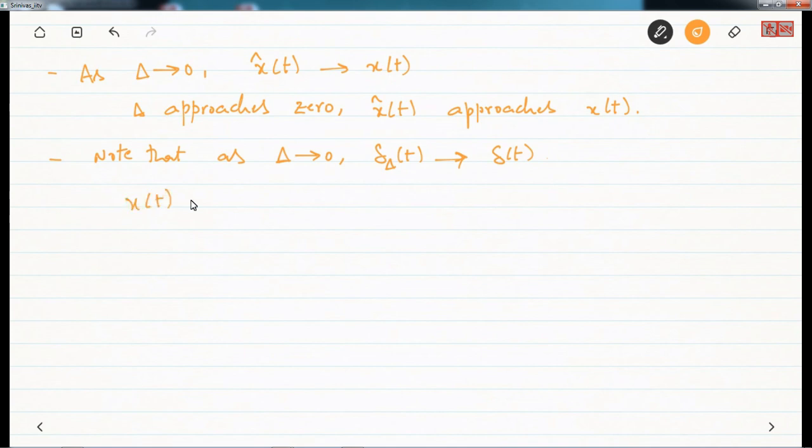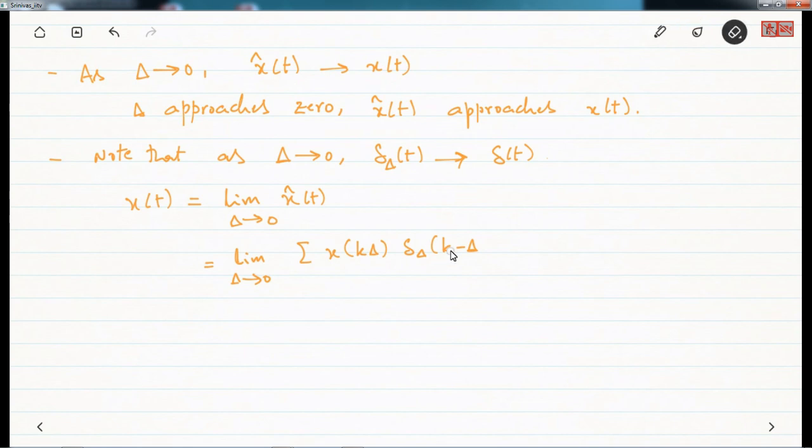Let me write all these equations again. The limit as delta goes to 0 of x hat of t is the limit of x of k delta, sorry, this should be delta delta of t minus k delta into delta.